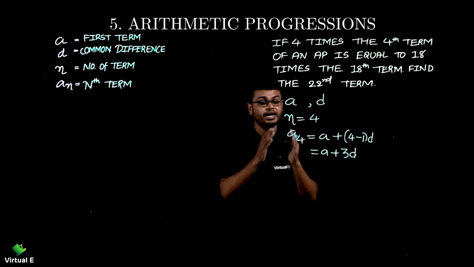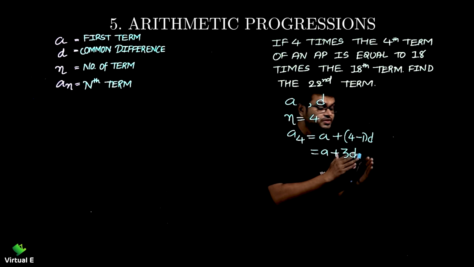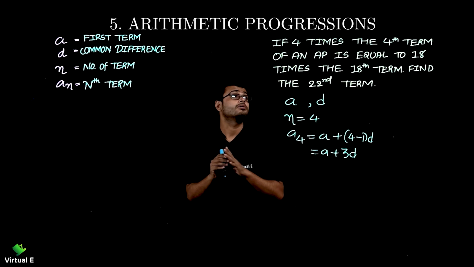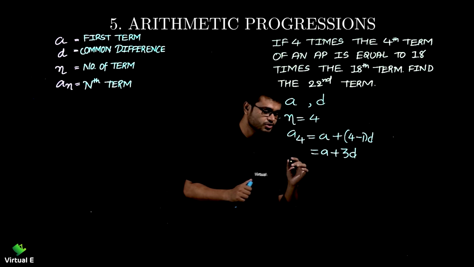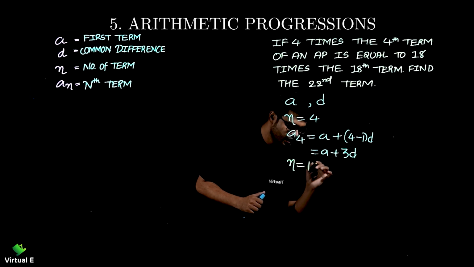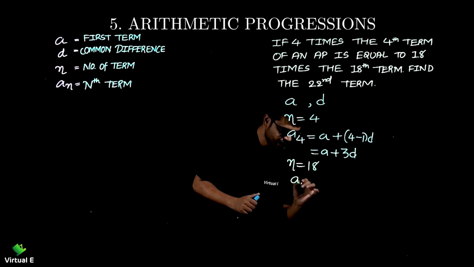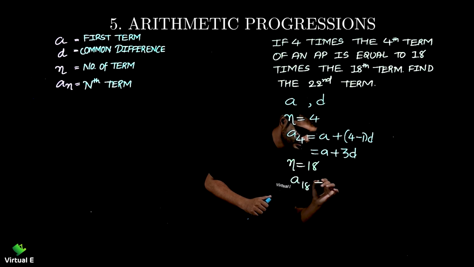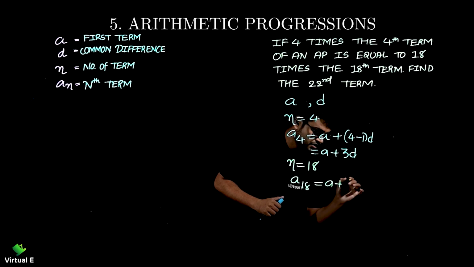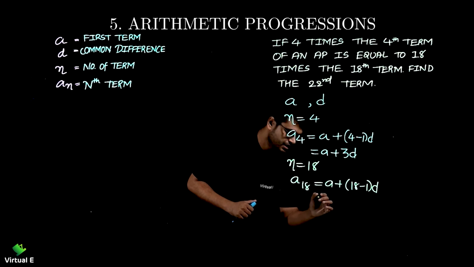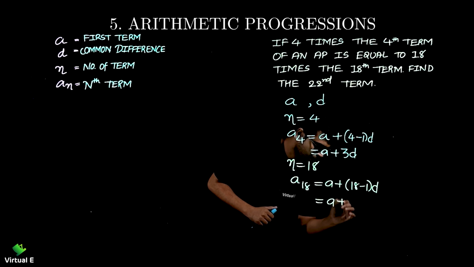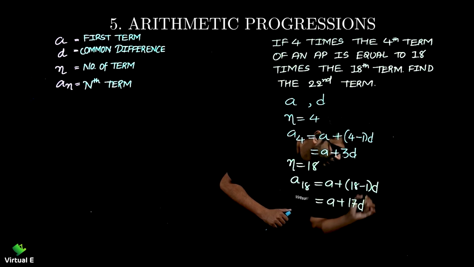So the value of A4 is A plus 3D. Done. Now let's find the 18th term. N is equal to 18, and I will be getting A18 is equal to A plus 18 minus 1 and D as it is, equal to A plus 17D.